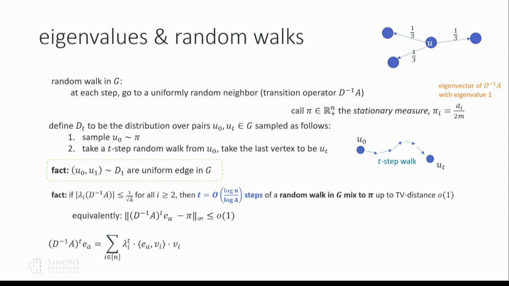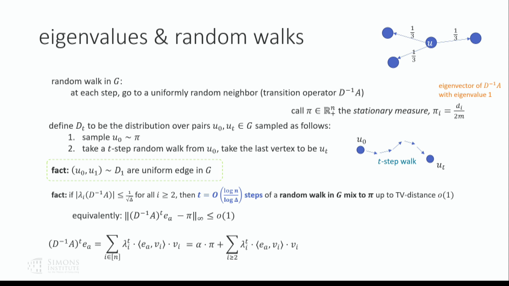So basically what I do is I take this indicator for the vertex A and I decompose it spectrally according to the eigenvectors of my random walk matrix. And if I take the tth power, I'll get the tth power of the eigenvalue. What I can do is write this as some factor times the stationary measure, right?